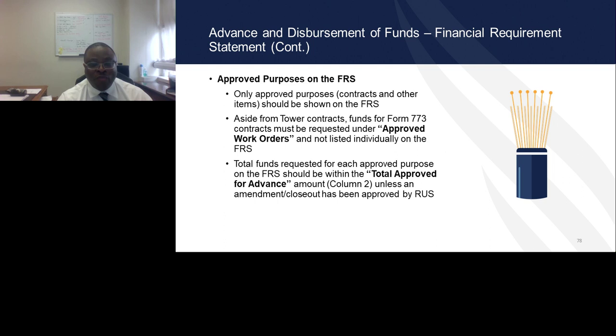For the most part, you cannot make any mistakes on the approved purposes column, because if you do, we will correct them. Total approved for advance would be noted in column 2 for each line item, and so the total funds that will be approved or advanced for each line item will not exceed the amount shown in column 2 unless an amendment or closeout has been approved by RUS.